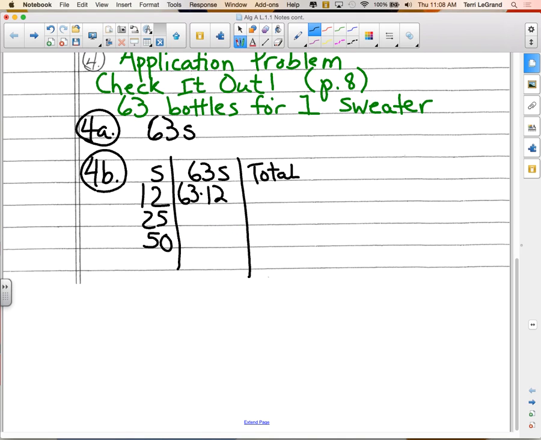How many bottles are needed to make 12 sweaters? Adam? 756. Agree with him? Cool, then we'll go with that. 756, and what's its label? What are these, sweaters? Bottles. Okay, finish filling out your table and then we'll compare.